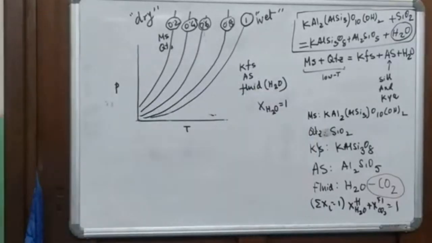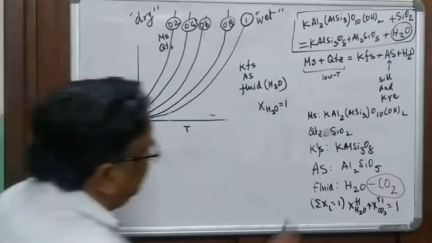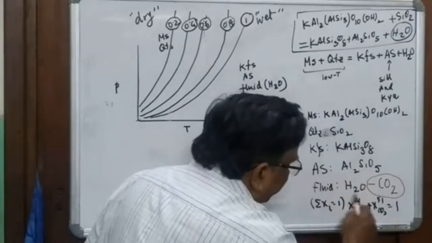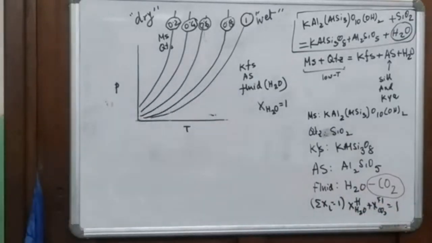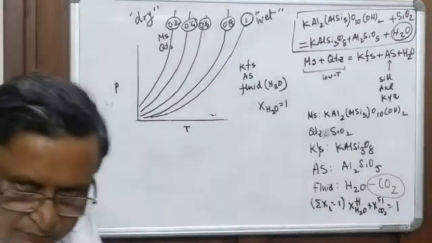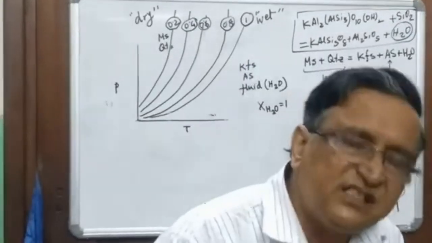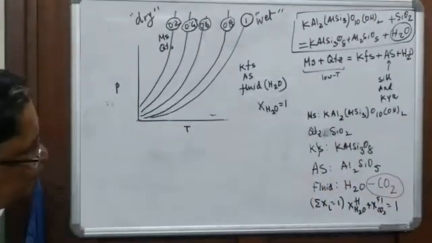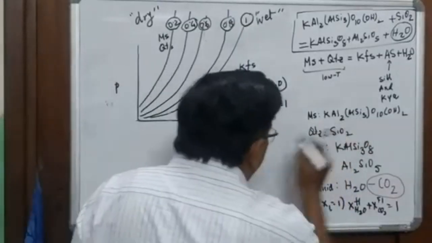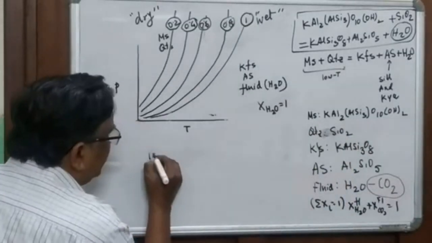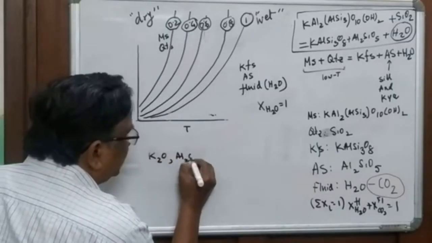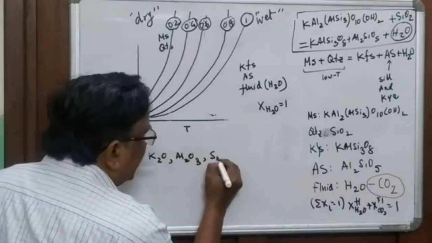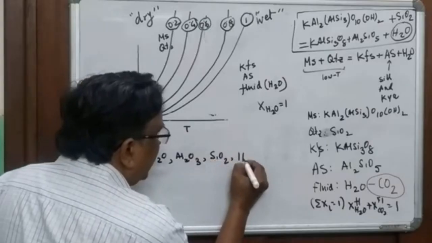So now, excluding CO2, what are my system components? You can see here, my system components are K2O, Al2O3, SiO2, H2O.